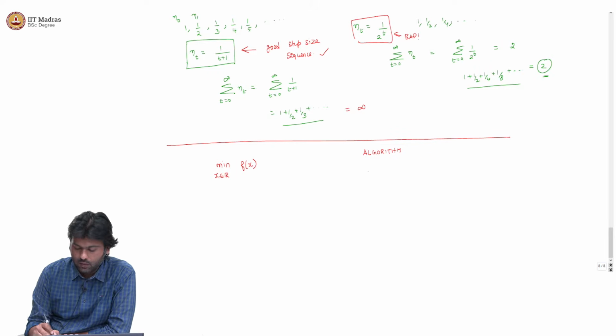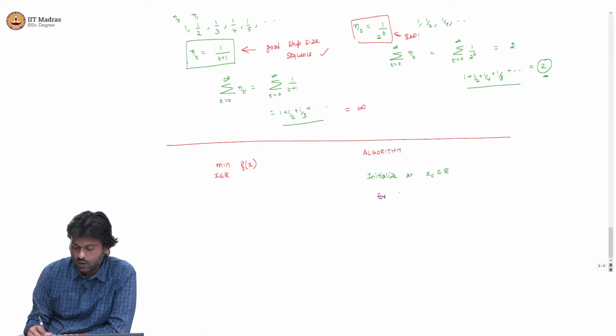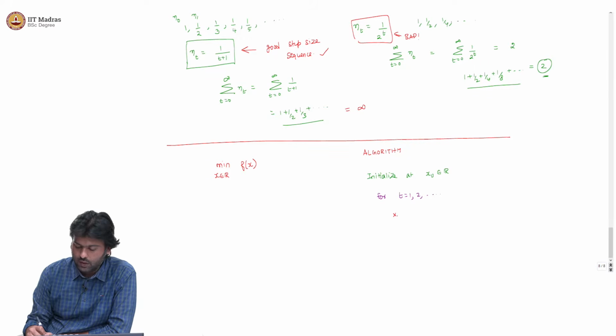So, initialize at x naught in R, which can be anything. Now, for t equals 1, 2, dot dot dot, the update rule that we need to use is as follows.